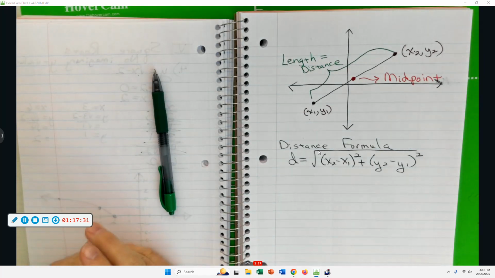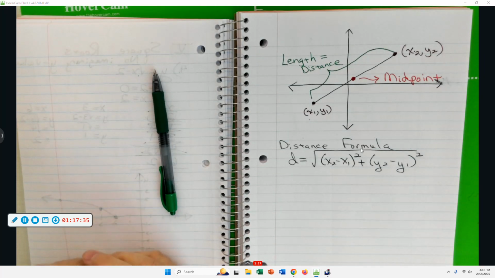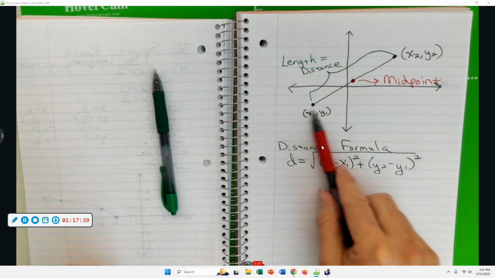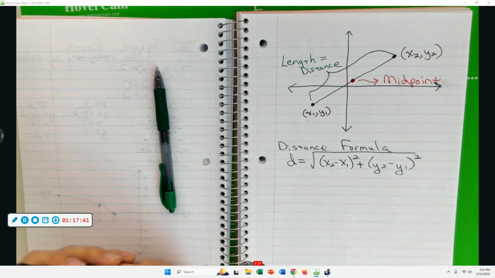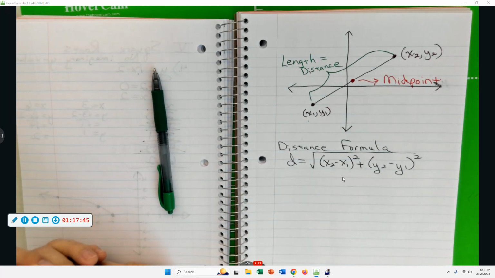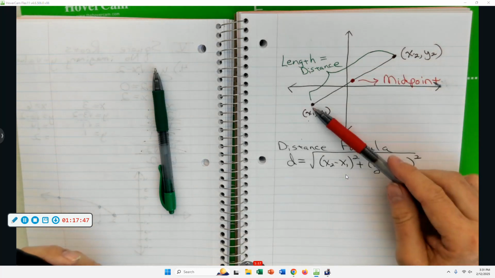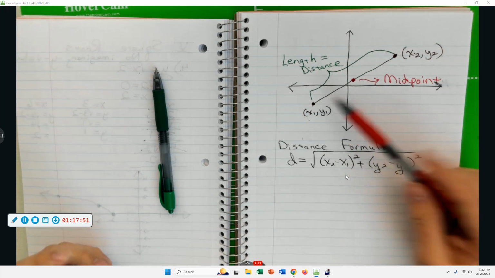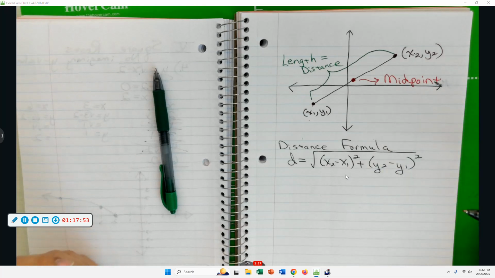It's interesting, that distance formula can be derived pretty nicely using the Pythagorean theorem. Drawing in the legs, the vertical and the horizontal, and then using that old Pythagorean theorem, a squared plus b squared equals c squared. And when you solve for that distance, you have to get rid of that square. That's where the square root comes from.